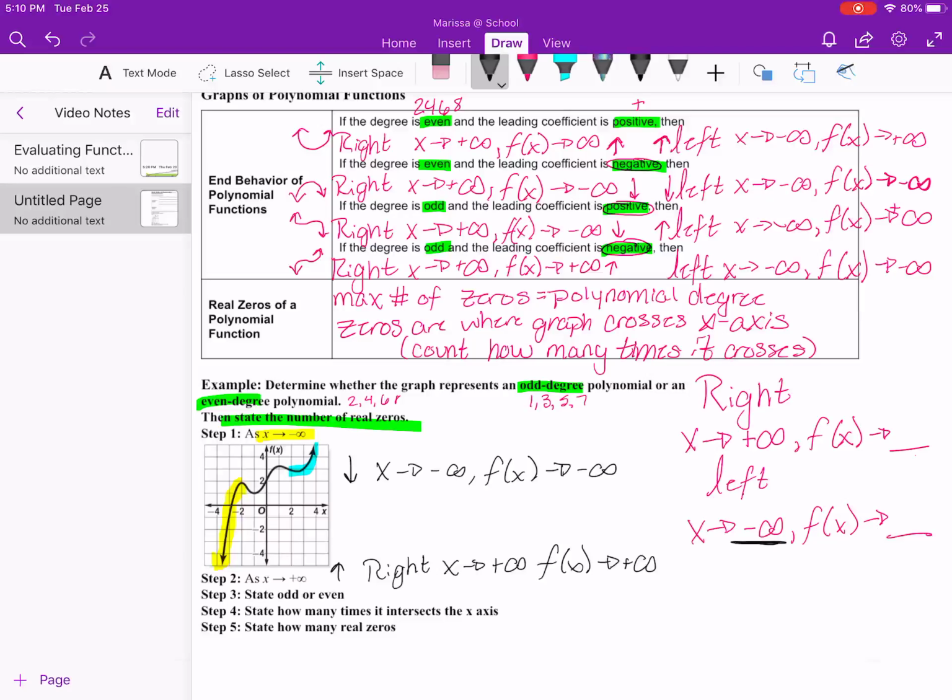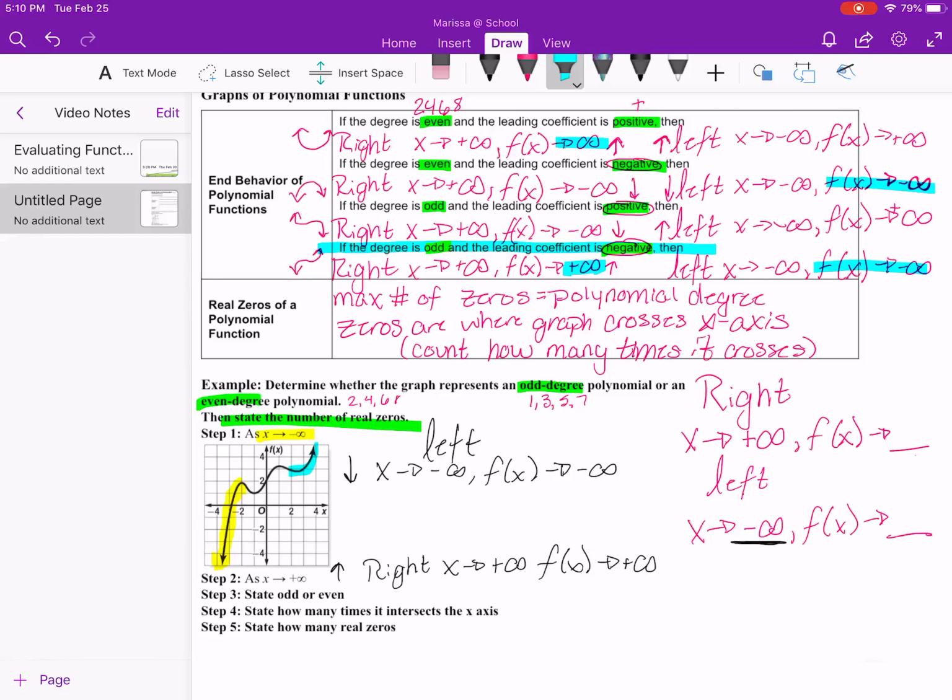So I need a negative and a negative on the left, and the right needs to be a positive and a positive. So if I'm looking for positive on the right, I know that I am going to be here or here. And I'm looking for a negative and then the negative, so my negatives are here or here. So the only one that intersects then is this one right here.